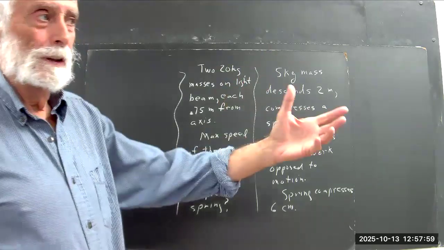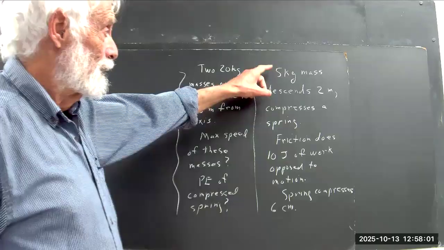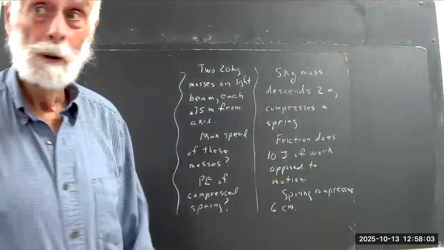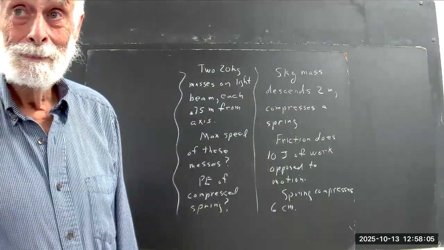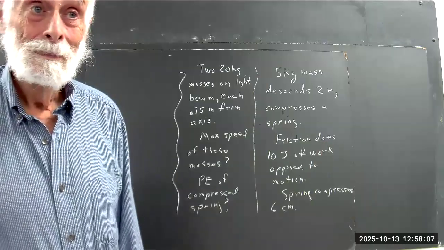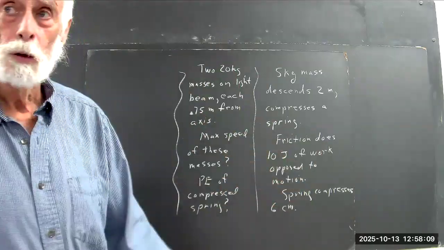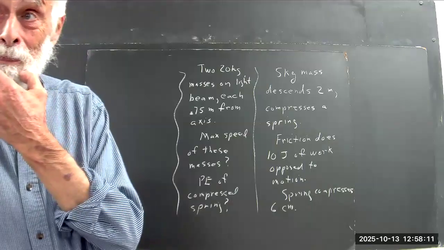First, most obvious thing. 5 kilograms descends 2 meters. Calculate the change in potential energy, or calculate the work done by gravity, right?